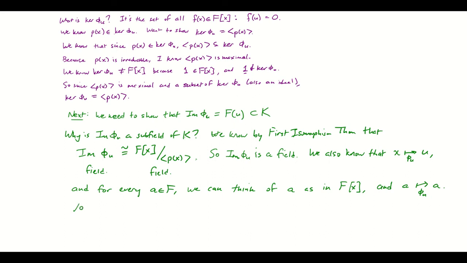Okay, so the image of phi sub u contains F and u. So the image of this map, just to summarize what we know so far, is a subfield of K containing F and u. But why is it the smallest?